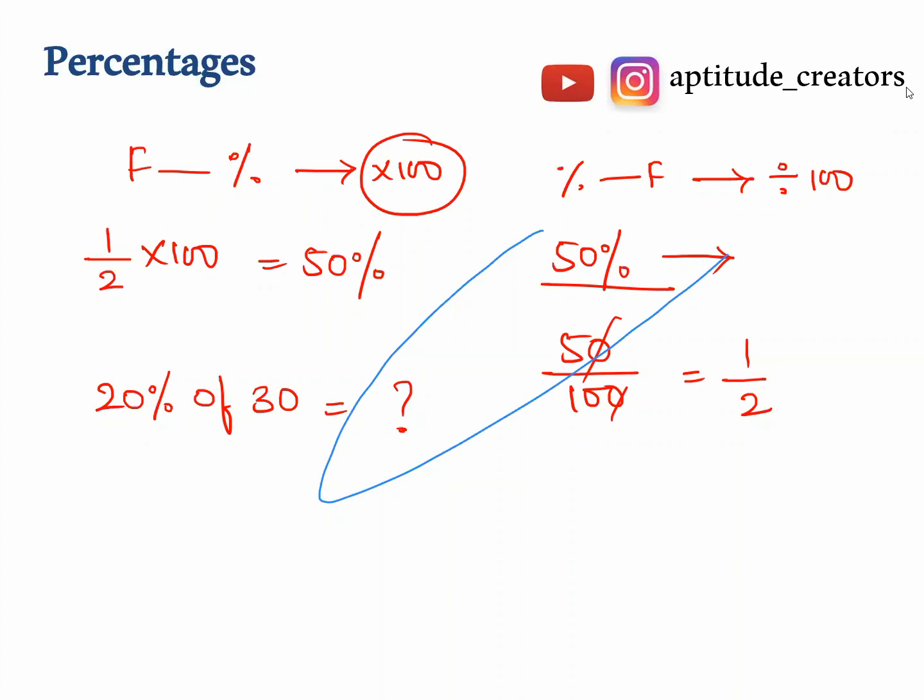Six. Okay. Great. Here we can calculate without pen and paper also. Correct? What is 20% of 30? Here we can cancel out 0 and 0.